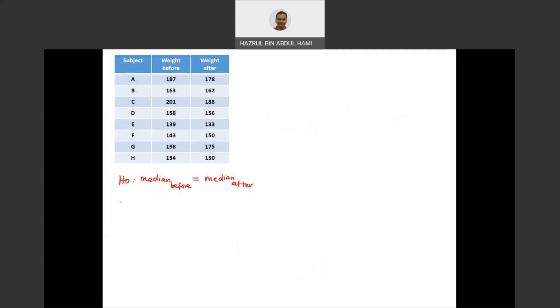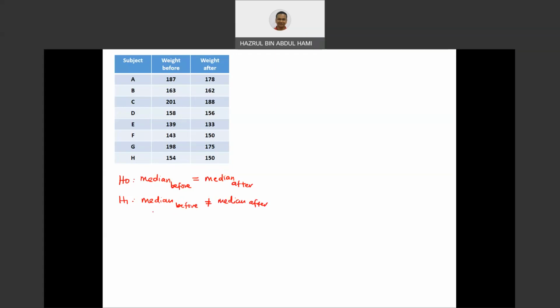And H1: the median before is not equal to the median after. So this is the hypothesis.